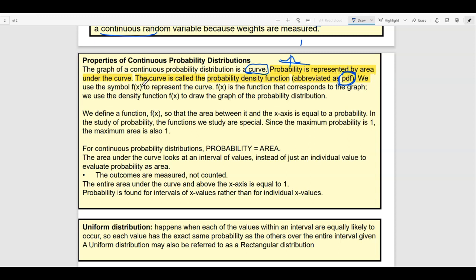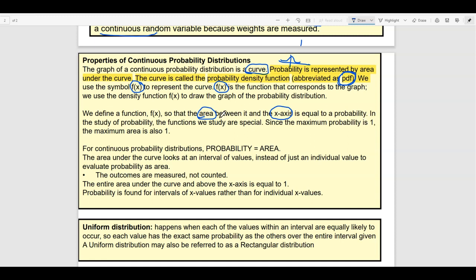We use the symbol f of x to represent the curve because it's a function of x, where x corresponds to your variable. Now we define the function f of x so that the area between it and the x-axis is equal to the probability. Now we'll take a look at the examples.